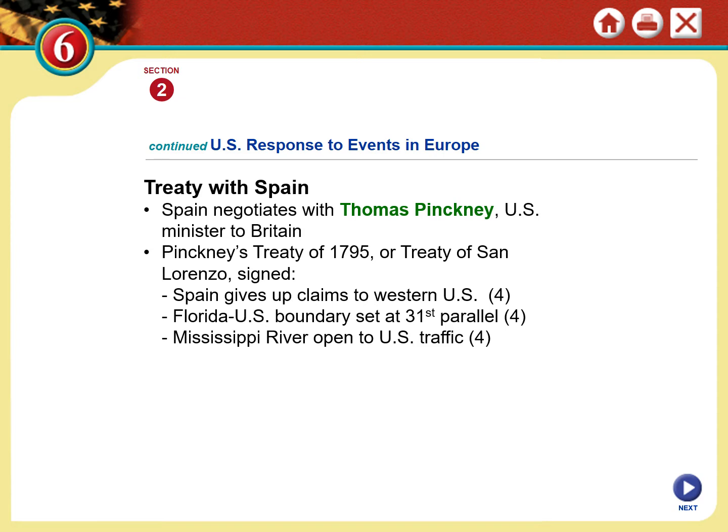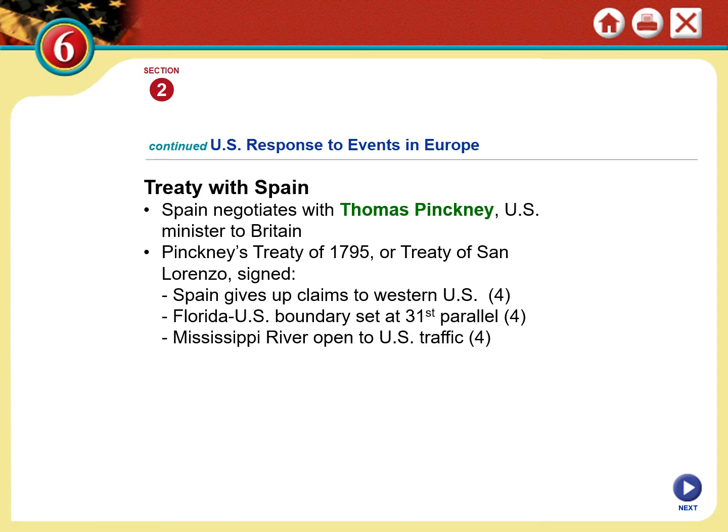And so Spain began to negotiate with the United States, in particular Thomas Pinckney, the U.S. minister to Great Britain. And Pinckney's Treaty of 1795, also known as the Treaty of San Lorenzo, you might see either on your quiz or test.